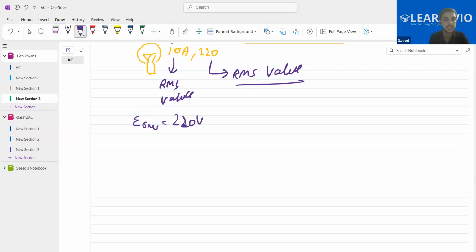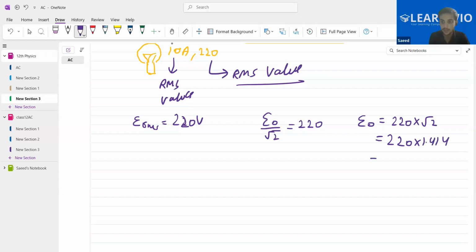Mostly you will find this written there. And E RMS is nothing but E naught by √2, where E naught is the maximum amplitude. It is 220 volt, so E naught is 220 into √2, that will be 220 into 1.414.